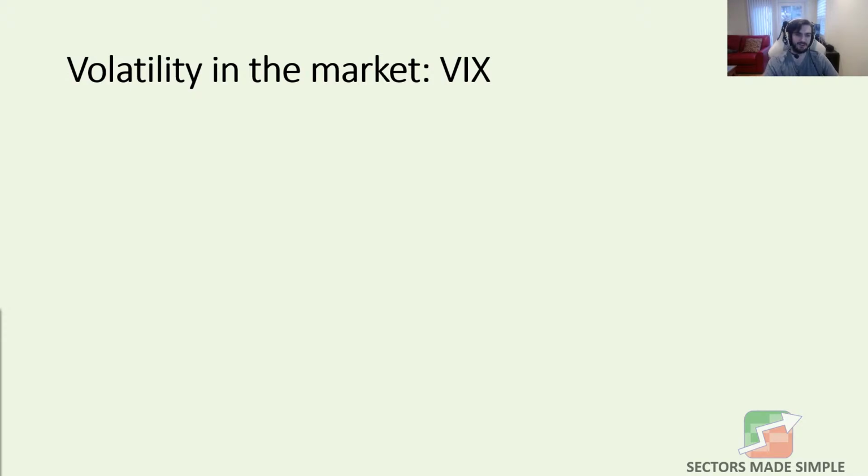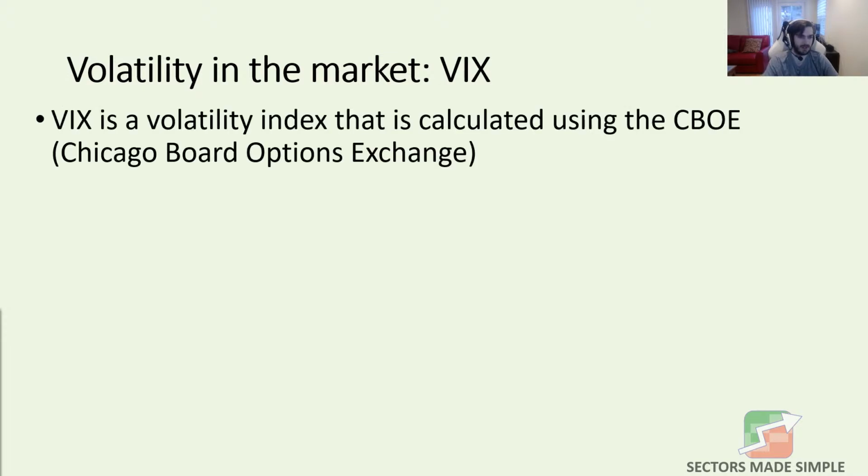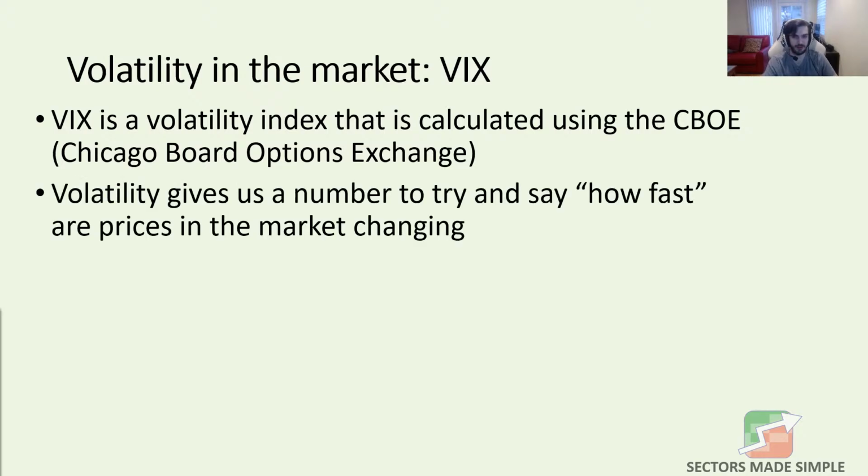So, volatility in the market, we are going to look at the ticker symbol VIX, V-I-X. And it is the volatility index that is calculated using options from the Chicago Board Options Exchange, CBOE. And volatility gives us a number to try and say how fast prices in the market are changing.